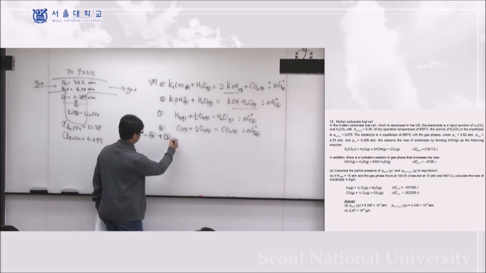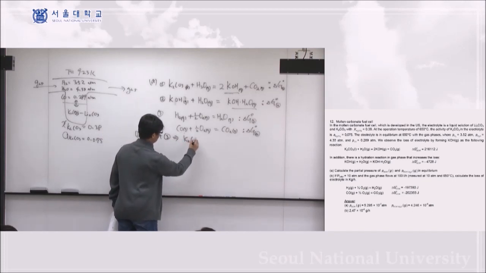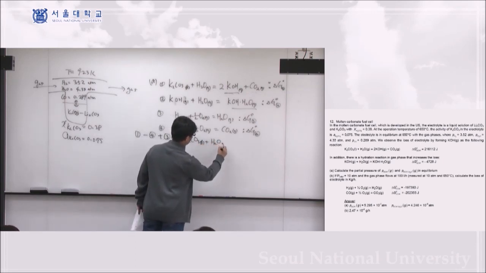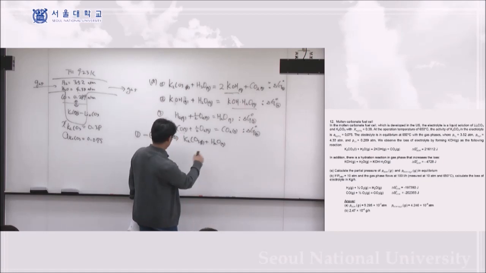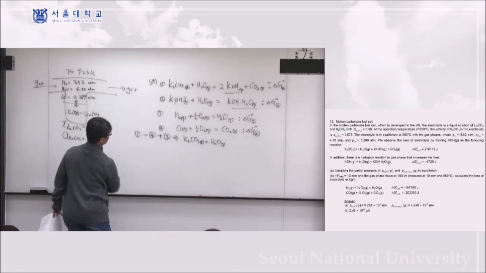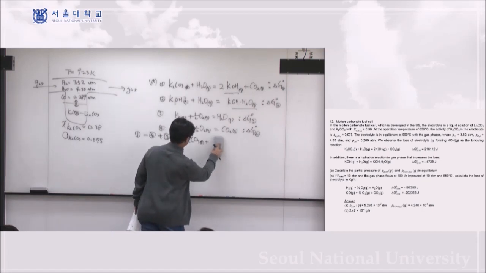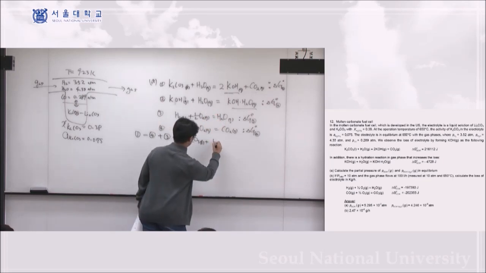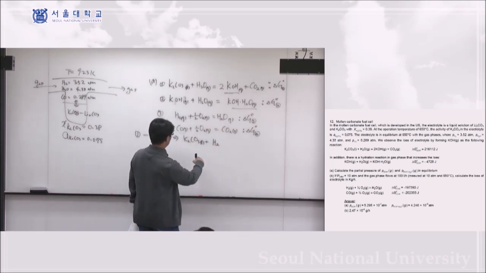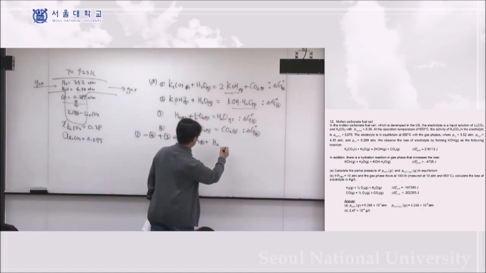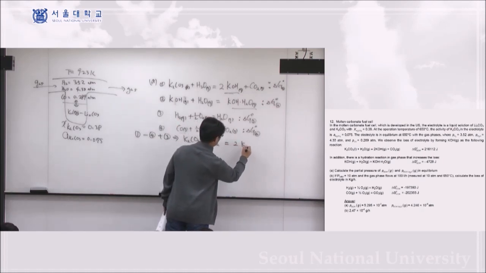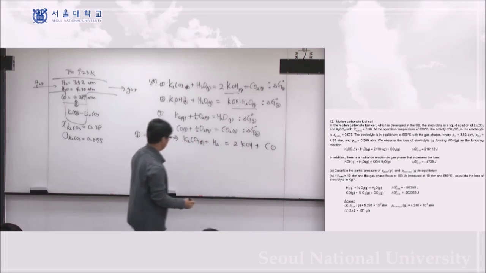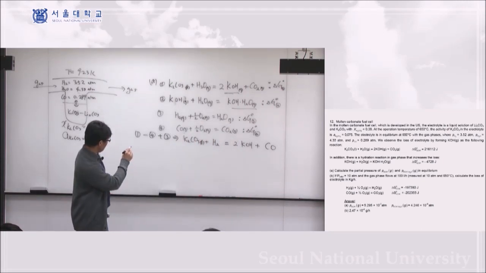If you do this one, then we'll have K2 liquid plus H2O gas, 3 H2O, and this maybe also eliminated, and then H2, and then CO2 will be eliminated, equal to 2 KOH plus CO H2O.